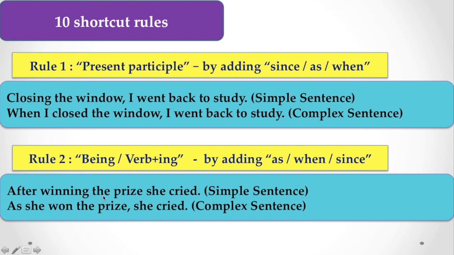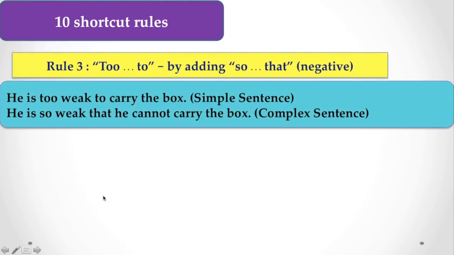Next rule for you: adding so that. If in the simple sentence you find too plus an adjective, for example, "He is too weak to carry the box," you just add so that and an obviously negative structure to make it the complex one.